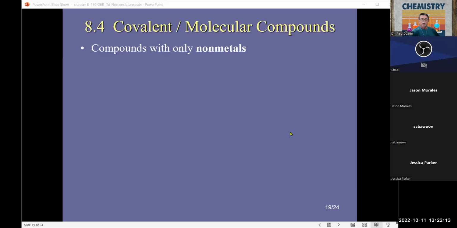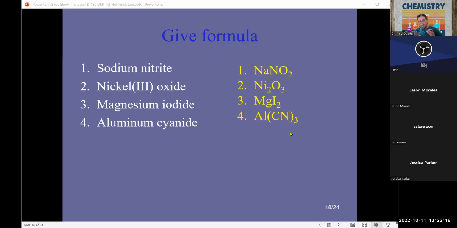All right, so that's with ionic compounds. Let's rehash for a second before we move on to covalent. To write the formula for ionic compounds, you need to take the element and convert it to the ion. Then, once you have the oxidation number of both the cation and anion, put them together such that you have enough of each to equal 0.